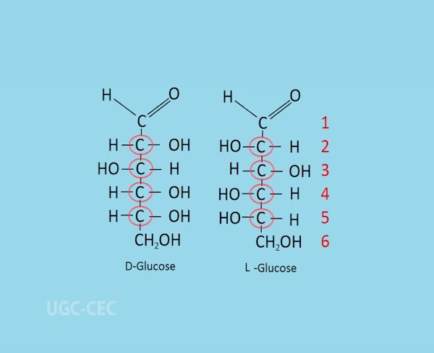These two forms are also stereoisomers. These sugars are naturally occurring sugars and the body can metabolize only these sugars. Compounds with similar configuration of the asymmetric carbon atom may have opposite sign of rotations, and the compounds with different configuration may have same sign of rotation.